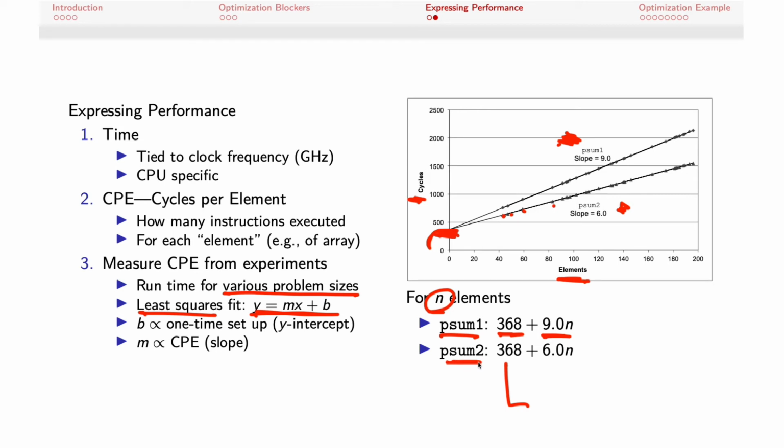Whereas psum2 spends the same amount of time getting started up, but then as it gets going, it's showing a much better performance per element of only 6 cycles per element of the input. We can see then that we'd prefer the implementation that leads to psum2. As the number of elements in our array gets larger, we're going to be spending only 2/3 of the time that we would spend on psum1 to do the same calculation.